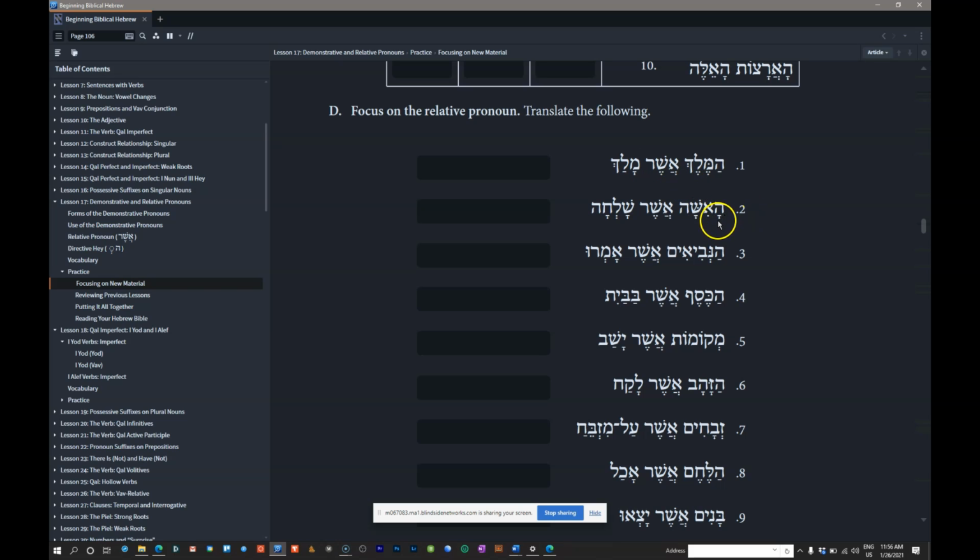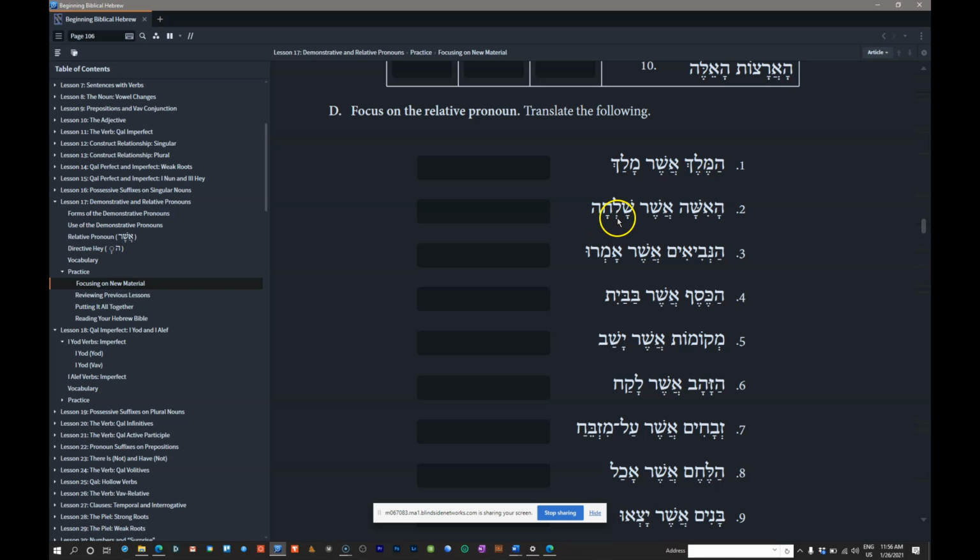Number 2, we've got ha'isha asher shalach. So the woman which she sent. So again, this could either be the woman who sent something, which, shalach is the type of verb that really wants an object, which would make it tempting to say the woman whom she sent.